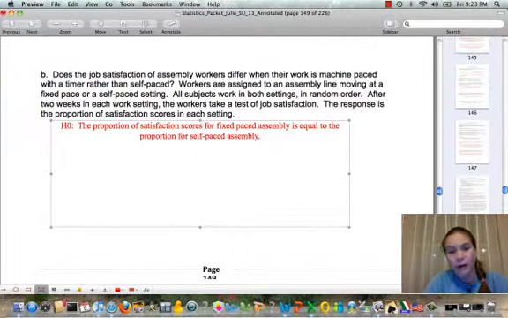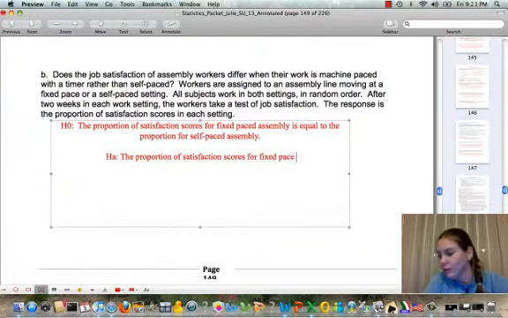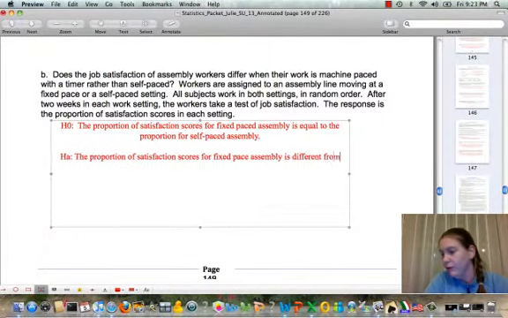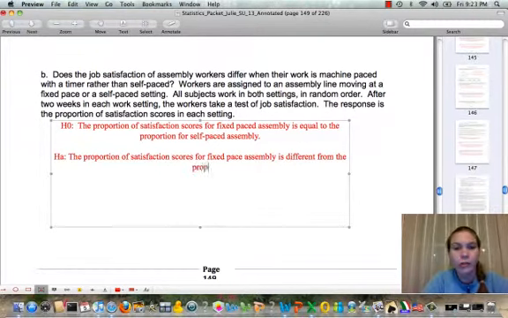Okay, and then our alternative hypothesis, H sub A, is going to say the proportion of satisfaction scores for fixed pace assembly is different from the proportion for self-paced assembly.